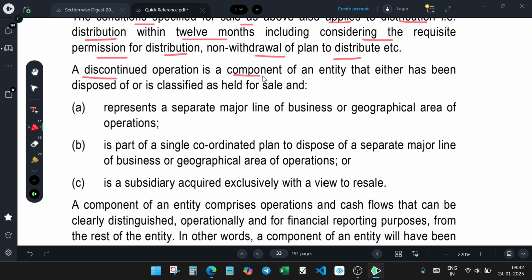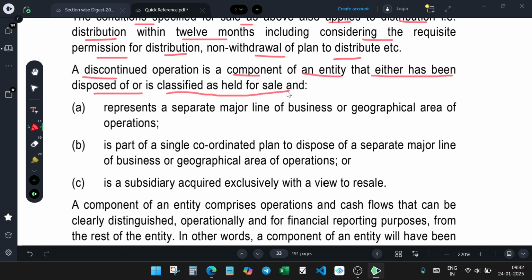Discontinued operation is a concept: a component of the entity that either has been disposed of or is classified as held for sale. So this component, what they say is we can't sell this asset, sir. And in this discontinued operation, we have something classified as held for sale.